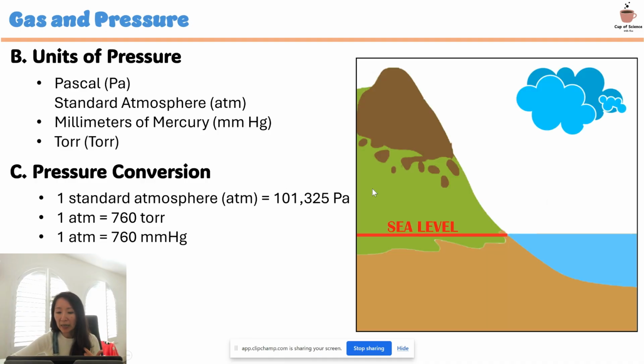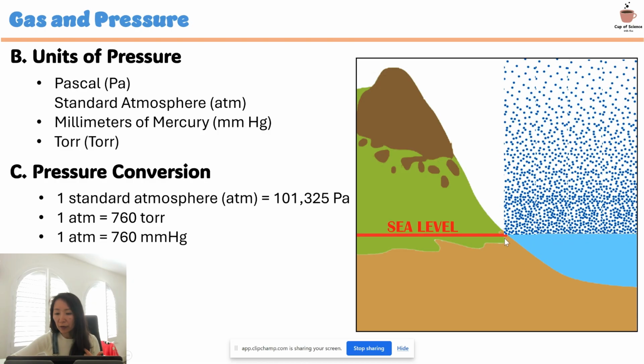For example, at sea level, over here, and you're standing over here, there are all these gas molecules floating in the air from where you are all the way up to the sky. And all these molecules are exerting a pressure on you. You don't come crashing down, and that's because you also exert pressure outside. Your body is designed to have the ability to carry these pressures coming from outside.